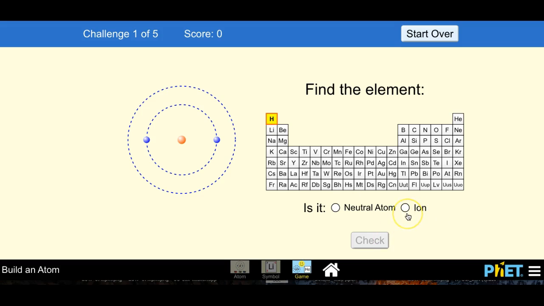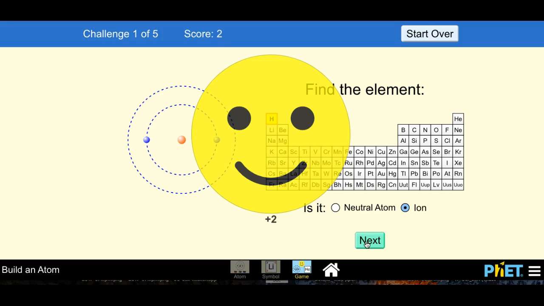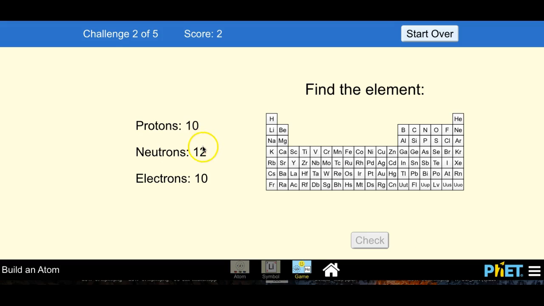That ion means does it have charge? So if it's neutral, it'll have equal amounts of protons and electrons. 1 proton, 2 electrons. I don't think it's neutral. I think that has charge. It's an ion. And then you just go check. Yay, done it. Okay, then you go next and it'll give you another one.